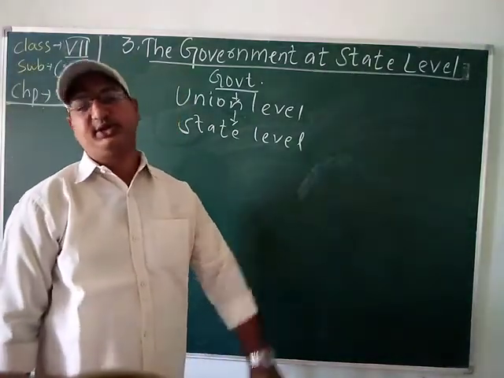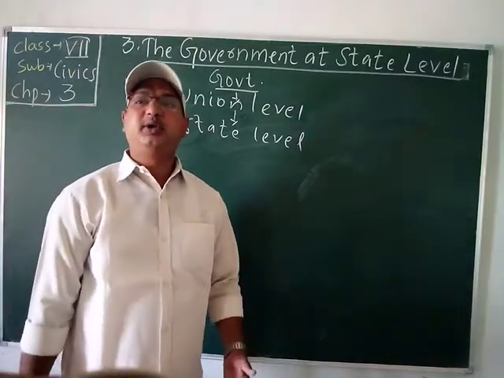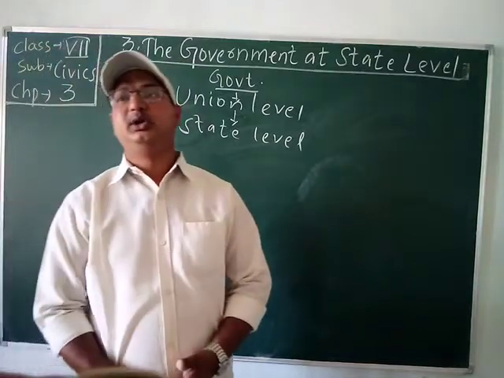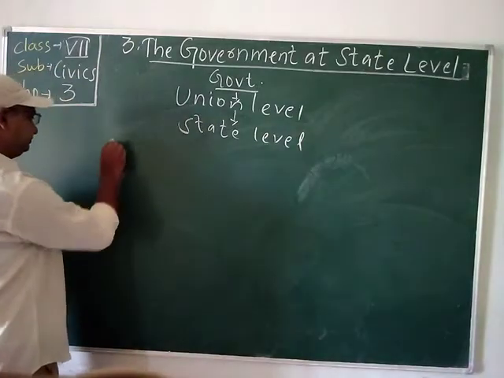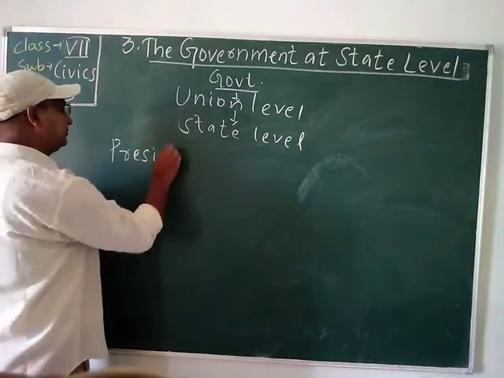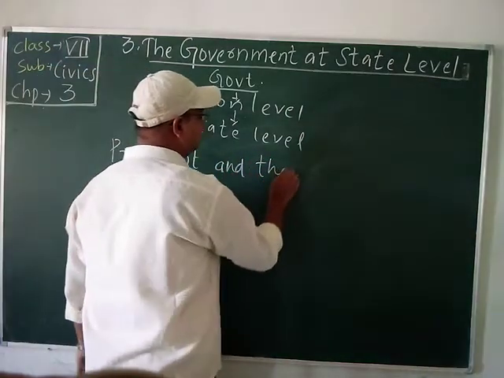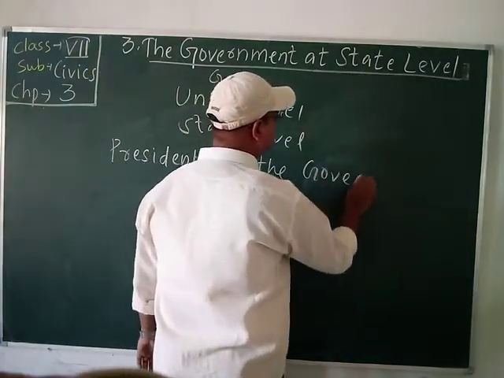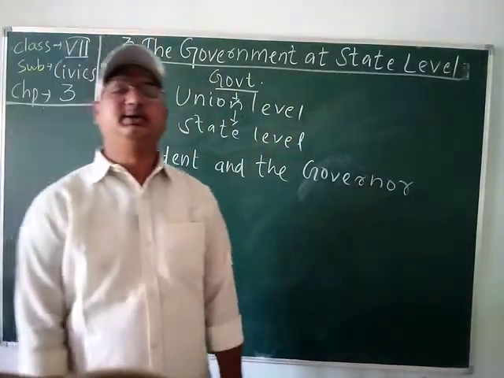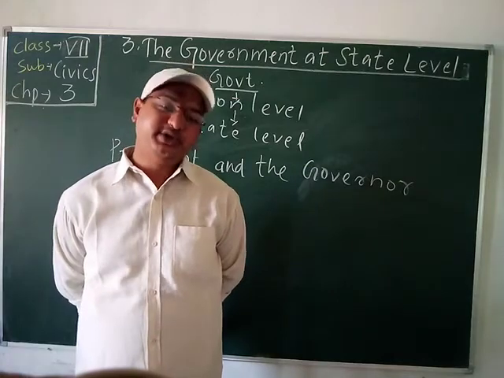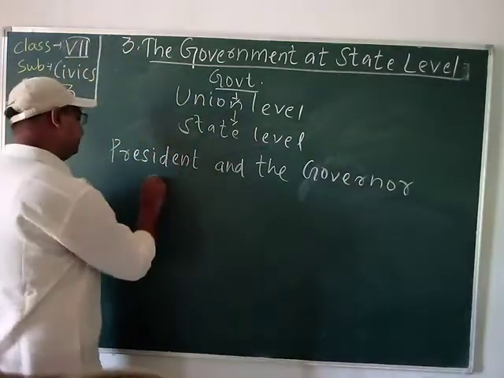So the head of the state. In the first paragraph it is written that the pattern provides for two types of executives at the same level, the president and the governor. The president at the central level and the governor of different states, they all are the nominal executives.